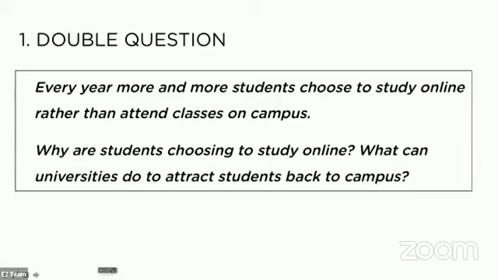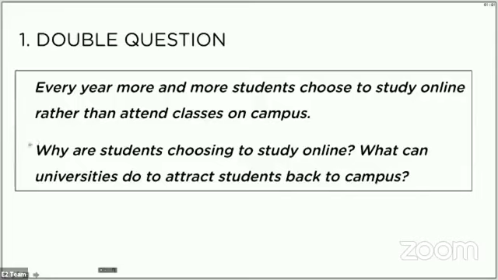Okay, so you could have one paragraph here. This would be your paragraph 1, and you'll have a single idea about why, maybe they're choosing to study online because of convenience. You'll describe one idea in depth. And number 2, what can universities do to attract students back on campus? They can decrease the cost, or they can subsidize transport, something like that.